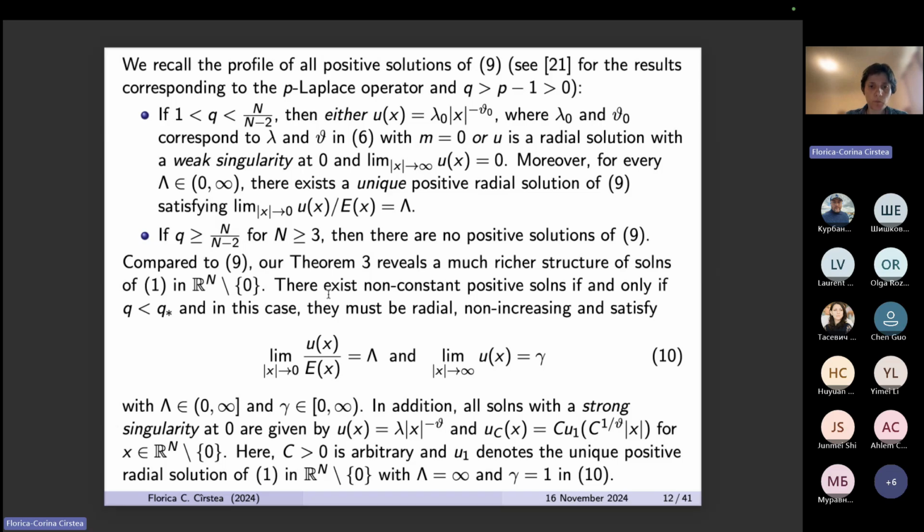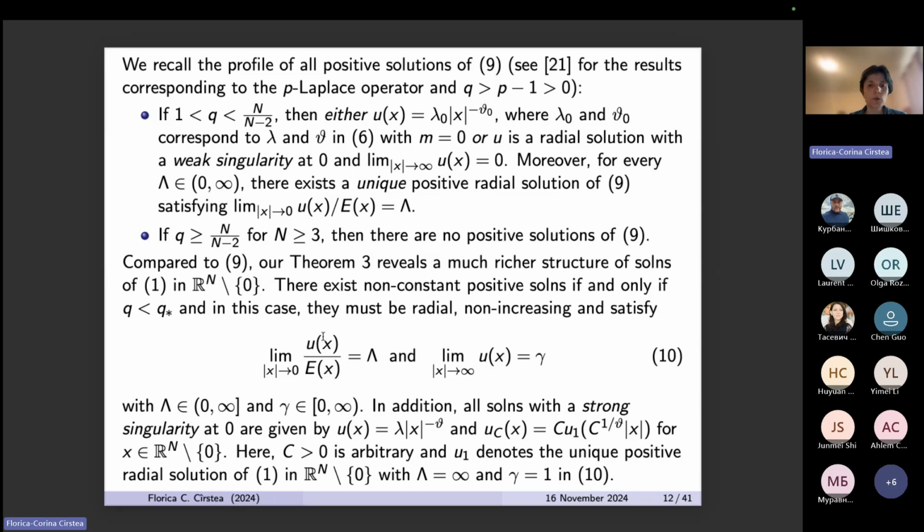Indeed, we proved that there exist non-constant positive solutions if and only if q is subcritical, and in this case, they must be radial. All the solutions in Rn minus 0, when q is subcritical, must be radial, non-increasing, and satisfy relation 10.